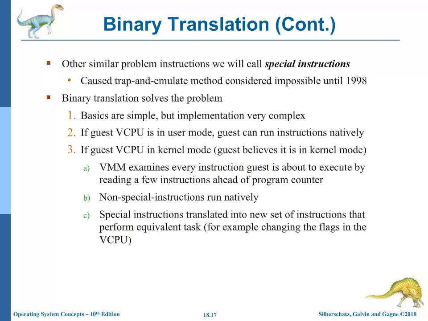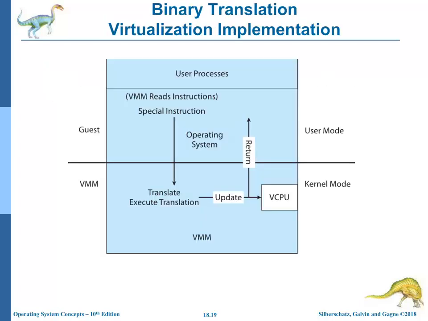Instructions other than special instructions are run natively. Special instructions are translated into a new set of instructions that perform the equivalent task, for example, changing the flags in the vCPU. The binary translation is implemented by translation code within the virtual machine manager.